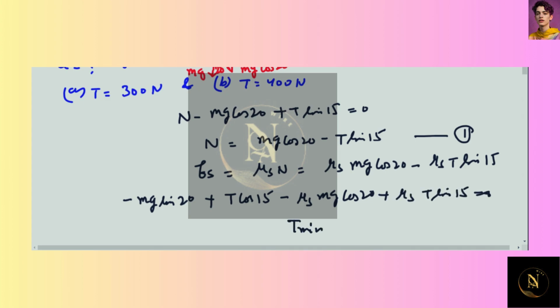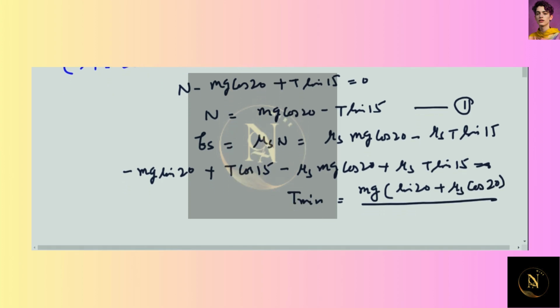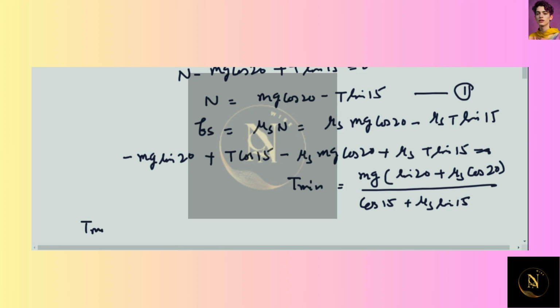So T minimum required to move the cart over the inclined plane will be mg sin 20 plus mu s mg cos 20 upon cos 50 plus mu s sin 50. So T minimum we can calculate.